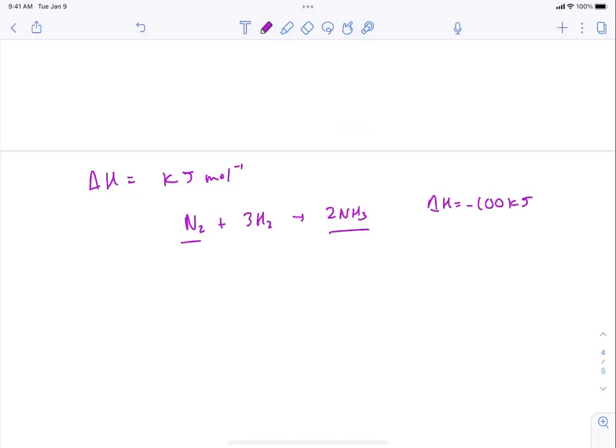But per mole of NH3, it'd actually only be 50 kilojoules of energy, because 2 moles are produced, which makes negative 100. So you can actually treat this delta H as a conversion, just like you would a mole-to-mole ratio or something like that. So you can use delta H and the coefficients as a mole-to-mole ratio.